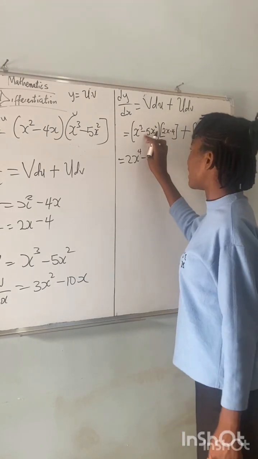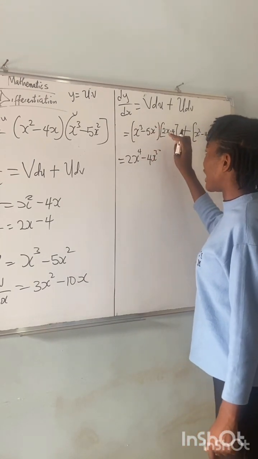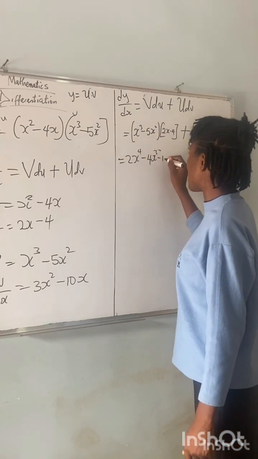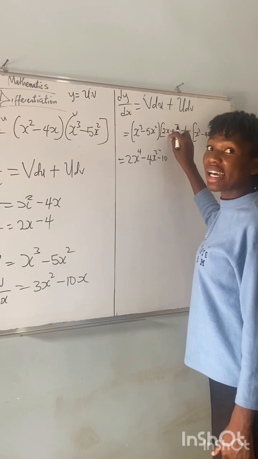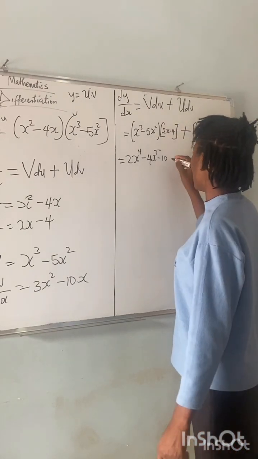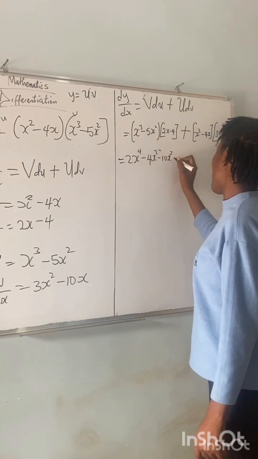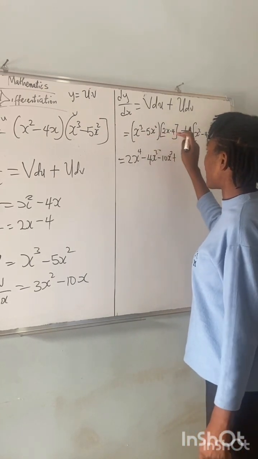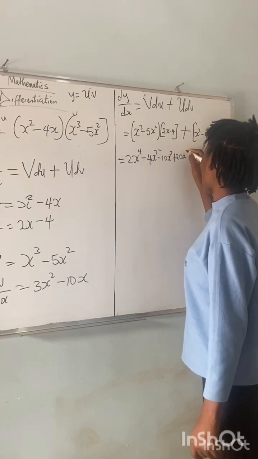For our next item, minus 5x squared multiplied by 2x. Numbers multiply number, we have minus 10, and then our x squared multiplied by x, by the indices power law, we'll be having x raised to power 3. The next one, minus minus will be giving us plus. 5 times 4 will give us 20, and then we have our x squared.